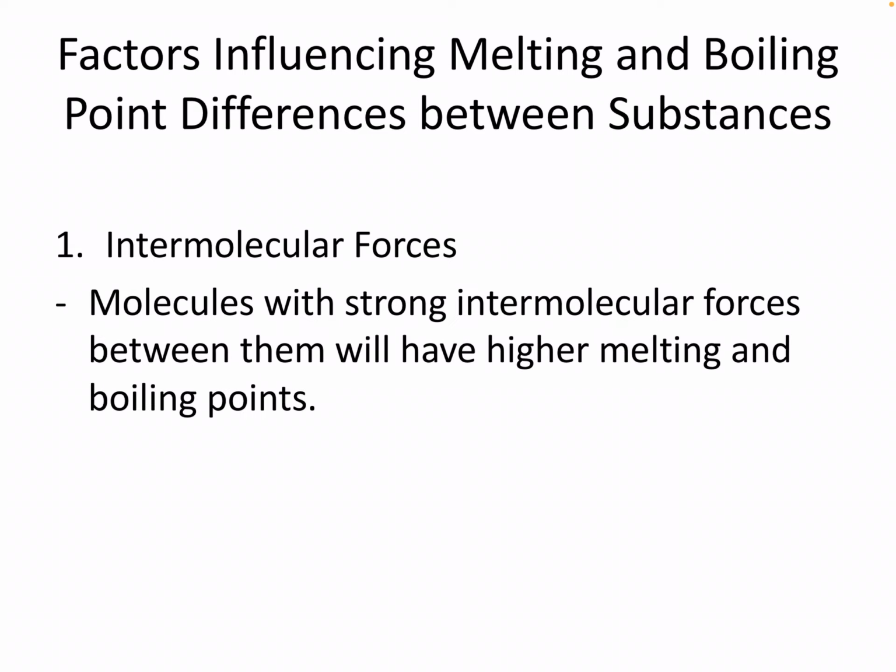Hopefully you came to the conclusion that molecules with strong IMFs will have higher melting and boiling points. That makes sense if you logically think about it. Particles that have strong IMFs are held together more tightly. The more tightly they're held together, the less likely they want to change. They want to stay as a solid, for example, which means it would require more heat or more energy for them to change state.